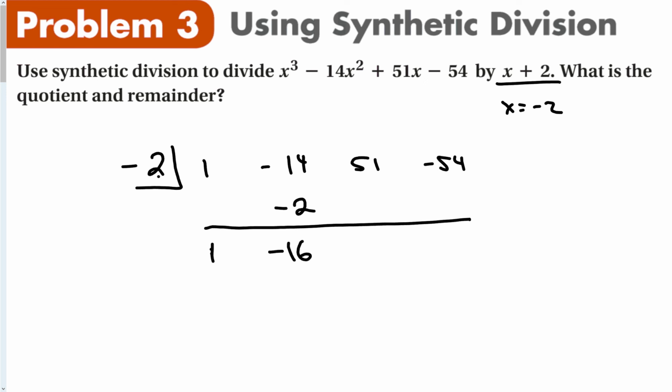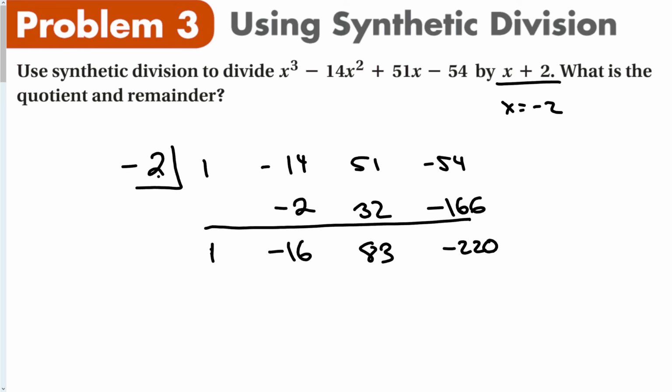And now I repeat the process. Everything below the line gets multiplied by negative 2. So negative 2 times negative 16 gives me a positive 32. Add these together, not subtract, add, to give me 83. Multiply, we're getting big numbers, that's okay. Add together to give me negative 220.